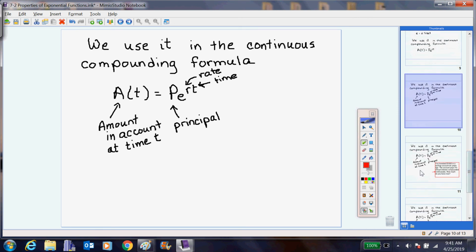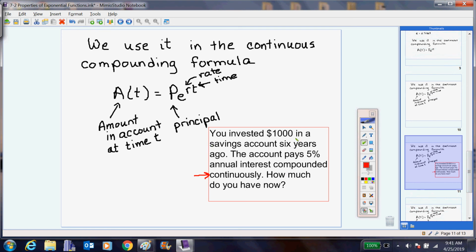Because if we have a problem, and this is on your sheet, you invested $1,000 in a savings account 6 years ago. This is the same problem we did in section 1. The account pays 5% annual interest, and it's compounded continuously. How much do you have now? What we do, P stands for principal.